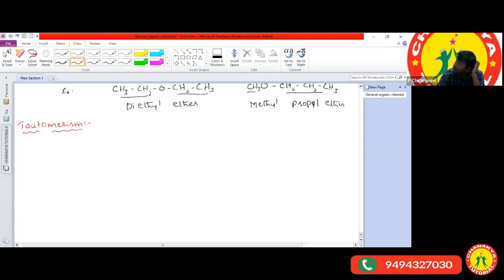So what is meant by tautomerism? Two compounds are there, and the two compounds are easily interconvertible from one form to another form.